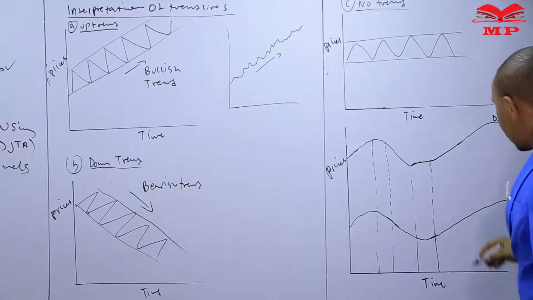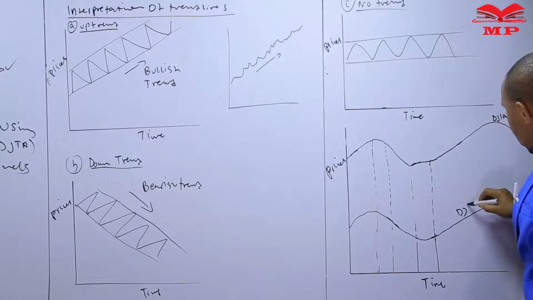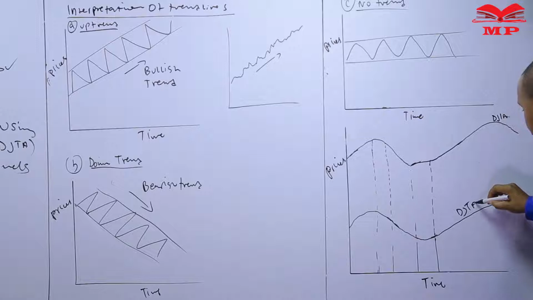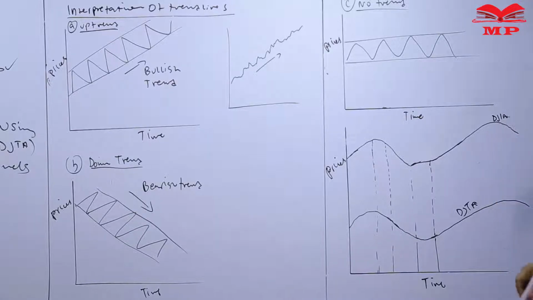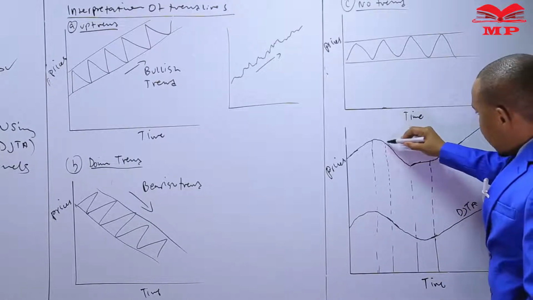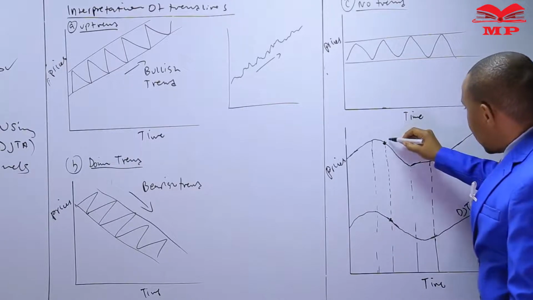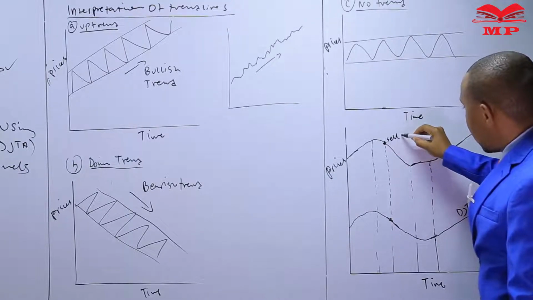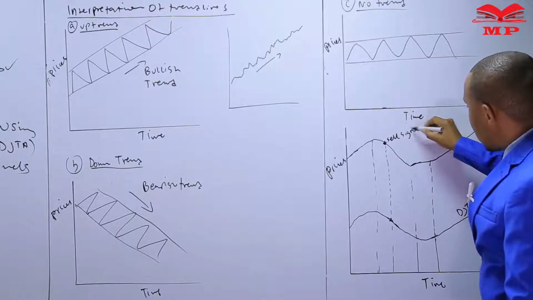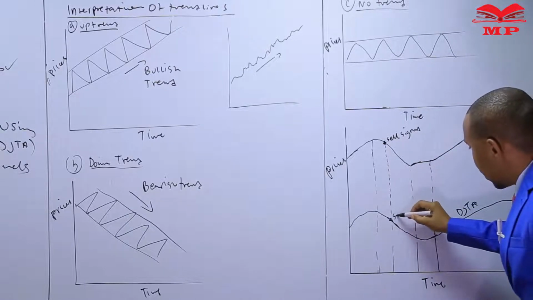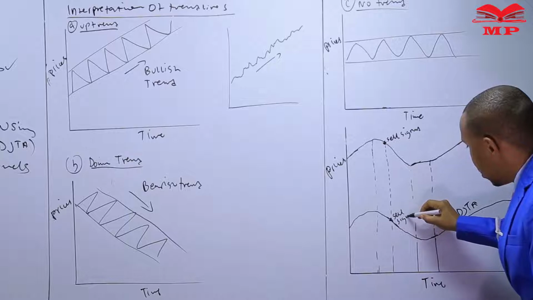Yes, this is the Dow Jones Transportation Average there. This point here indicates a sell signal, and here as well, a sell signal.